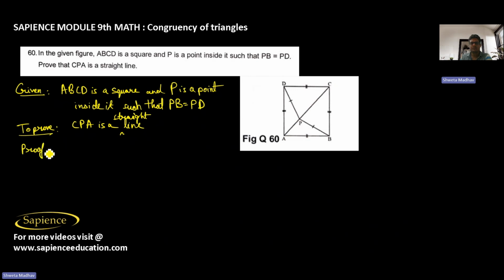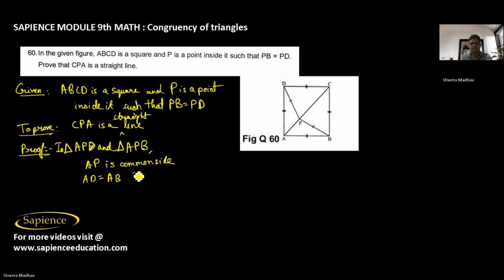Then the proof is that in triangle APD and triangle APB, AP is the common side, and AD is equal to AB, obviously, since ABCD is a square, it is given. Since ABCD is a square, all the sides are equal, and PD is equal to PB, which is given.